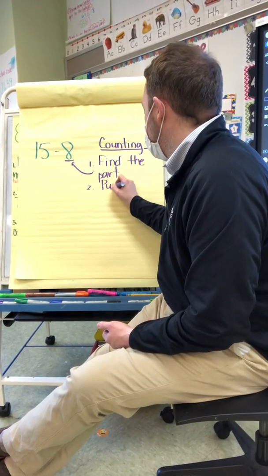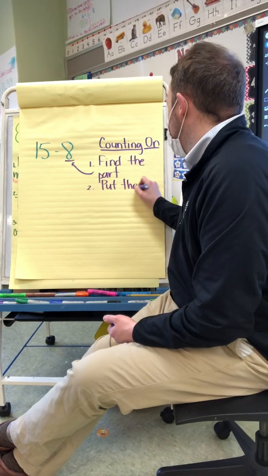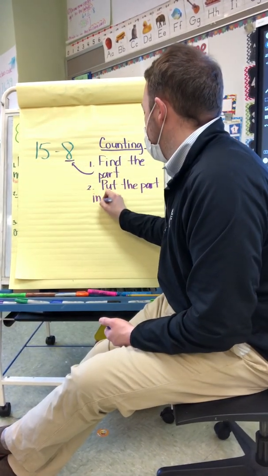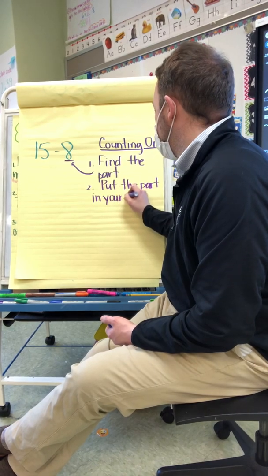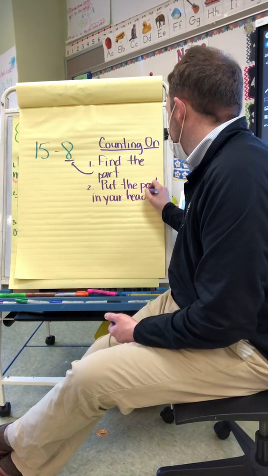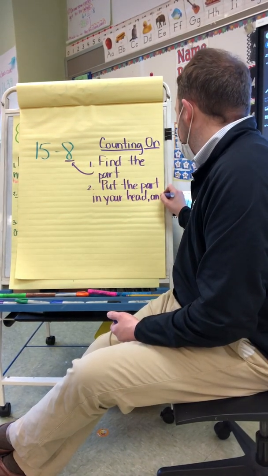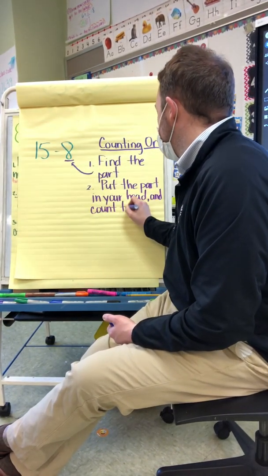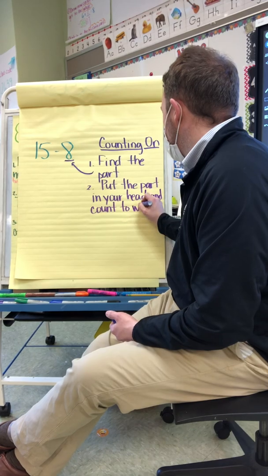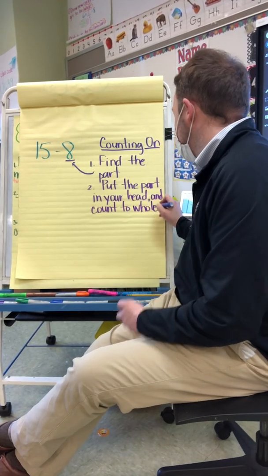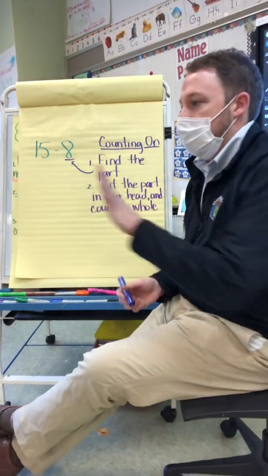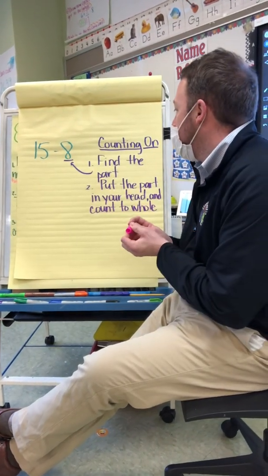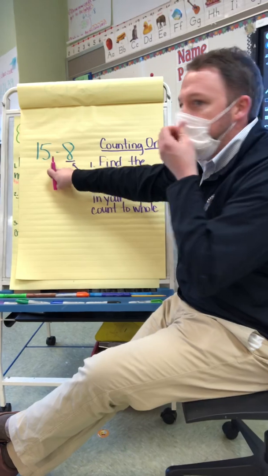Put the part in your head and count to the whole. Okay? Don't worry about it. So if we have 8 in our head, we have to count to 15.